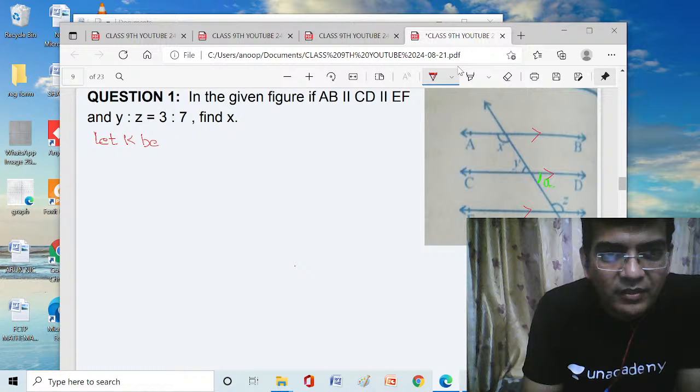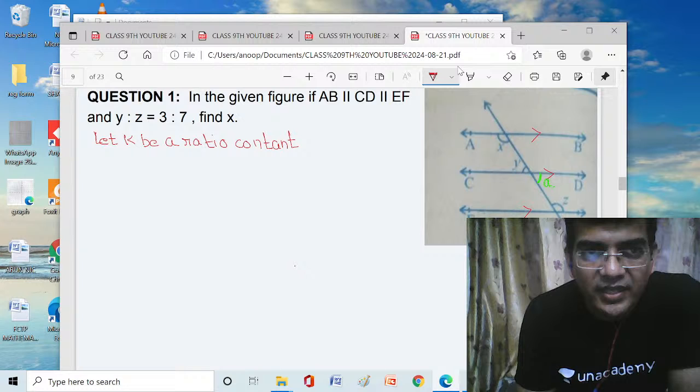After taking the ratio constant k, I can consider y as 3k, and z as 7k. So I have got y and z in terms of k, because the ratio was given.